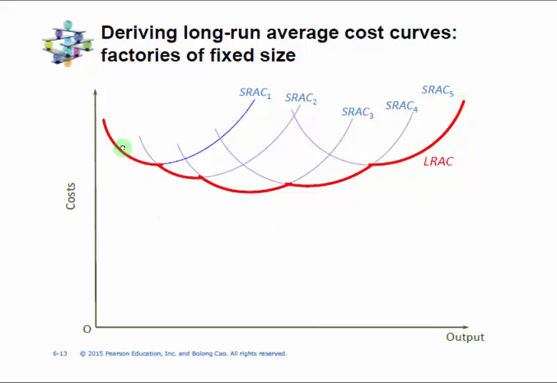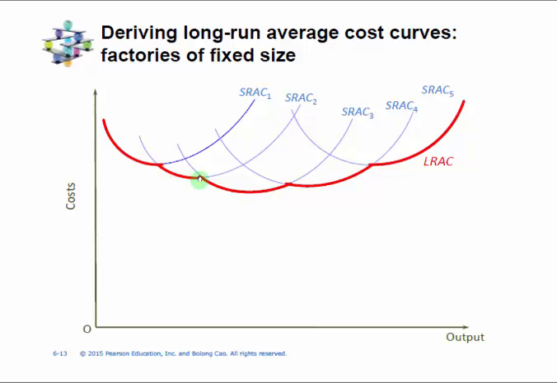If I have 1 factory, this is my lowest possible average cost, right? Now, if I have another factory, and to produce, let's say this quantity here, I can use 1 factory or 2 factories. And it turns out if I use the second factory a little bit, I can lower my average cost even further.